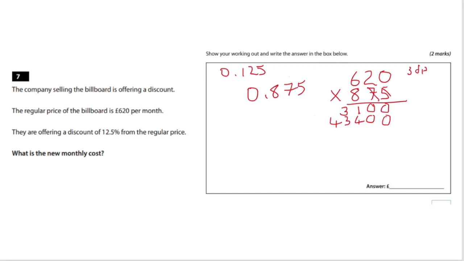Cross that one out. Now we're moving on to the 8, so it's 2 zeros here. 8 times 0 is 0. 2 times 8 is 16. Put a dot there. And 6 times 8 is 48, 49. We draw a line here.